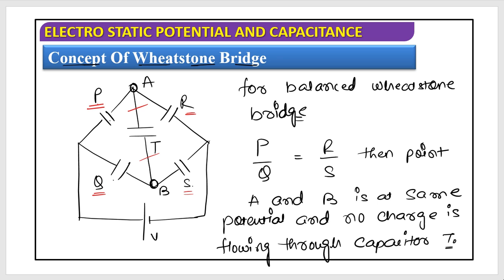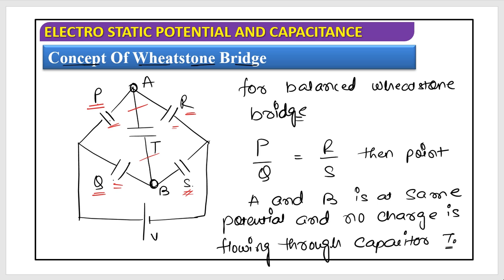And if you have disconnected this, then your P and R would be in series, your Q and S would be in series, and the equivalent of P and R is in parallel with the equivalent of Q and S. Yes, things would be much easier. I hope this is clear.